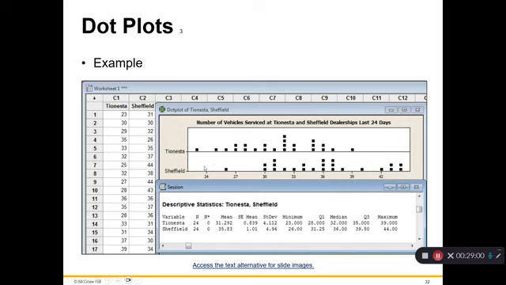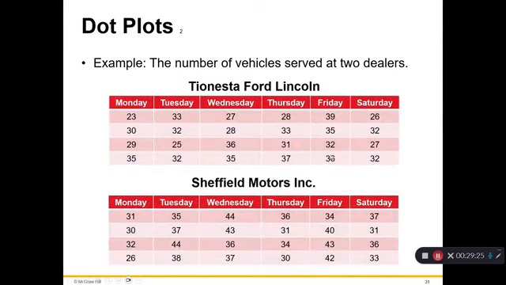Let me walk you through step by step. If you see this here, you have your 24 here. This is 23, 24, 25, 26, 27, 28, 29, 30, and so on. These are the various values in the data set.